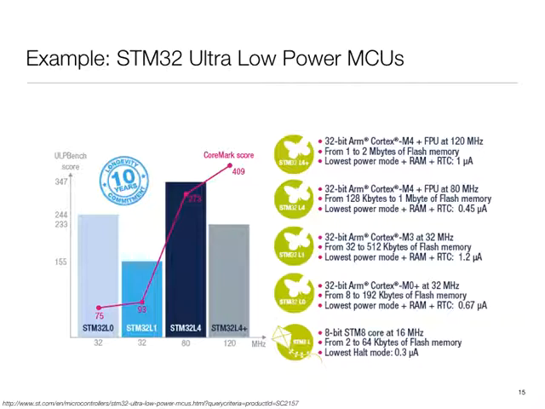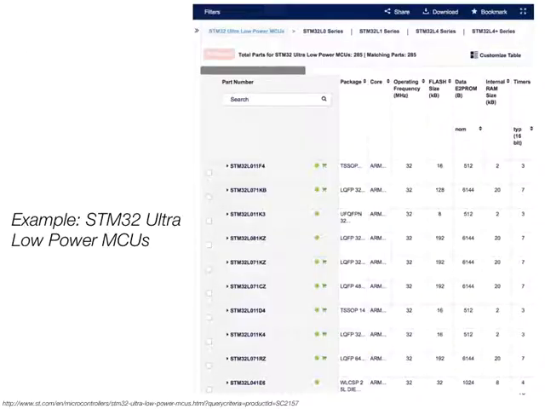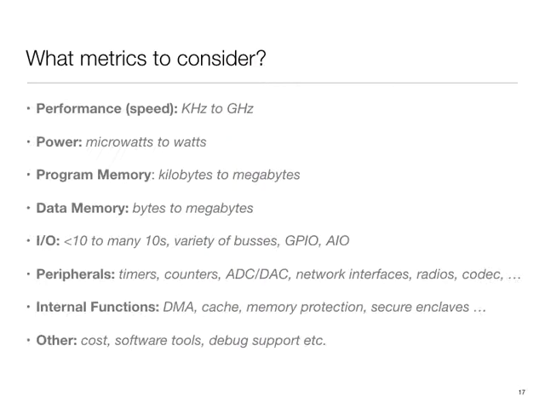I'm sure if you have programmed Arduino and all, you have been exposed to some of it, but there are considerable safety and resilience issues that arise out here. This is just to show the rich variety. When you're looking at these MCUs, you have to look at performance.